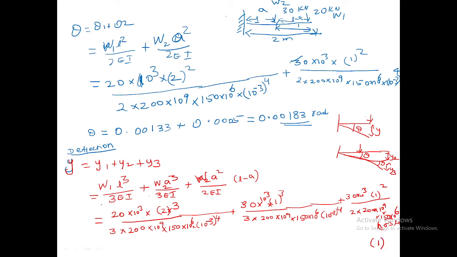Solving this, the first term is 1.78 plus the second 0.33 plus the third 0.5. You get the answer of 2.61 mm.